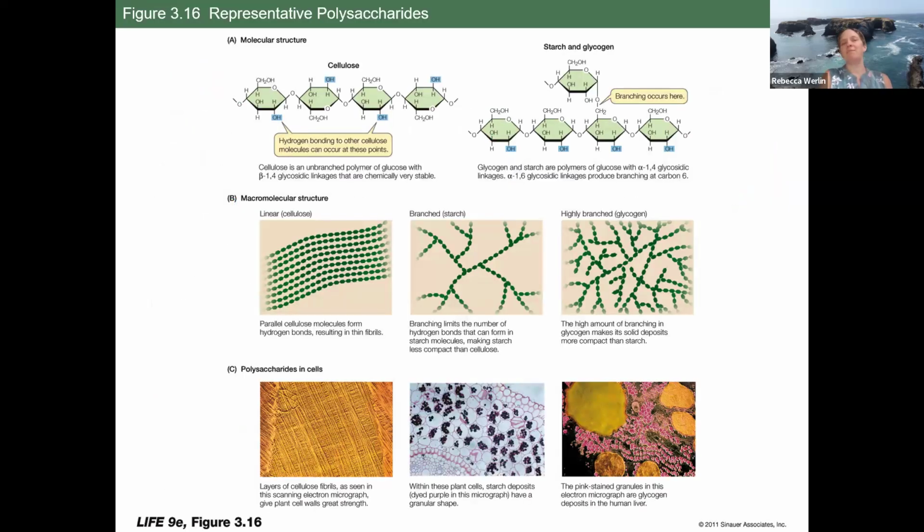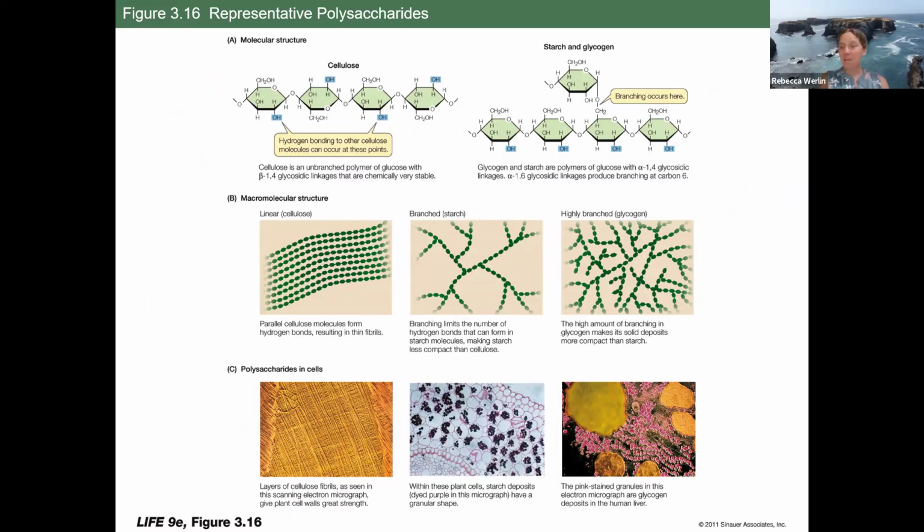So when we're talking about cellulose, that's a straight chain of glucose monomers linked together. And so cellulose is going to be glucose linked together with something called a beta 1,4 glycosidic linkage.